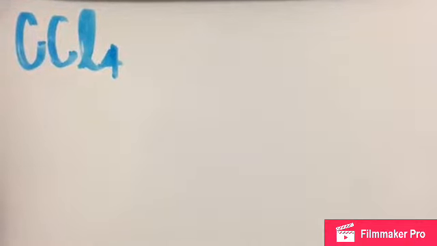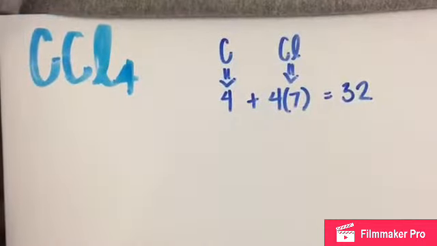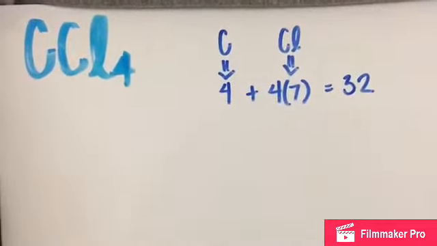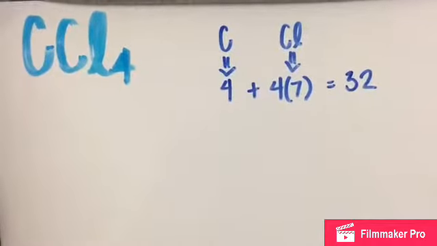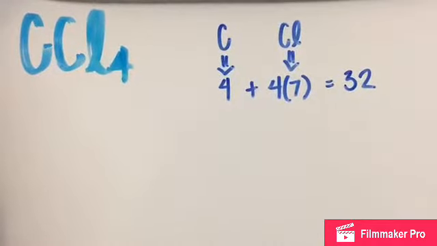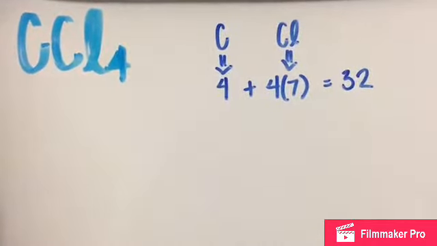Now let's take a look at CCl4. We will start by drawing the Lewis structure and calculating the electrons that we will use. So we see that we get 4 valence electrons from the carbon plus 4 times the 7 valence electrons from each chlorine atom.